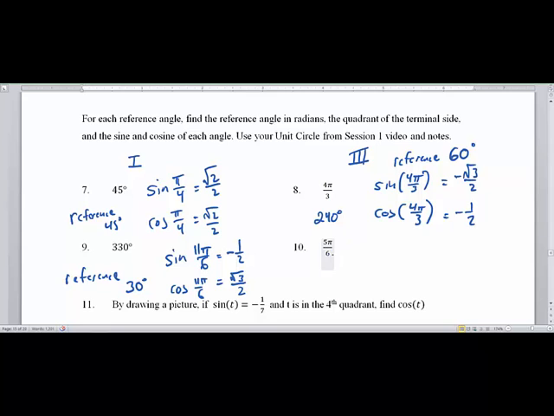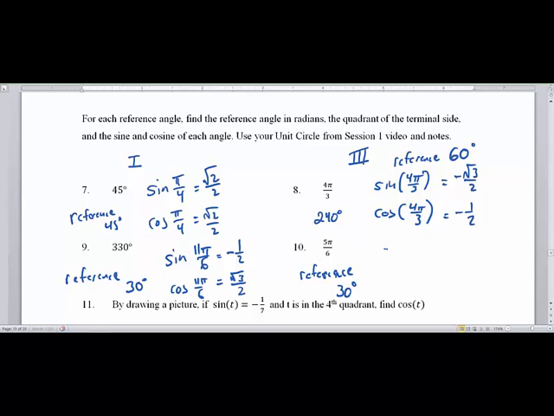Now 5 pi over 6 is already a radian, which is good. Let's check the reference angle. If I look at 5 pi over 6, that's 150 degrees, which is only 30 degrees away from the x-axis.